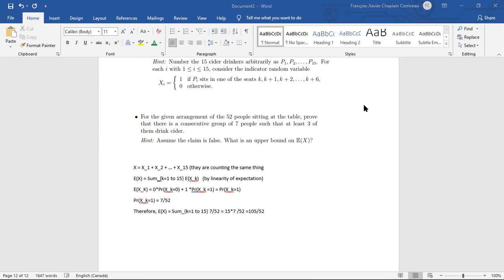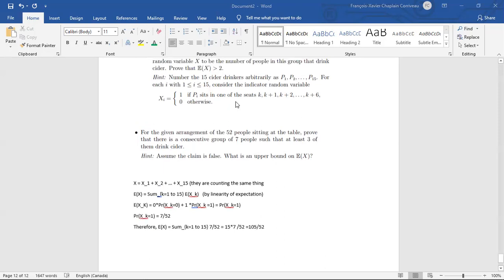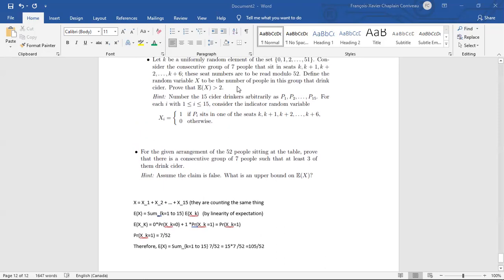Oh, it's 7 over 52 because I'm looking at one specific person. So what is the probability that that specific person chose one of these 7 chairs? Right, I'm counting the number of cider drinkers in this group.